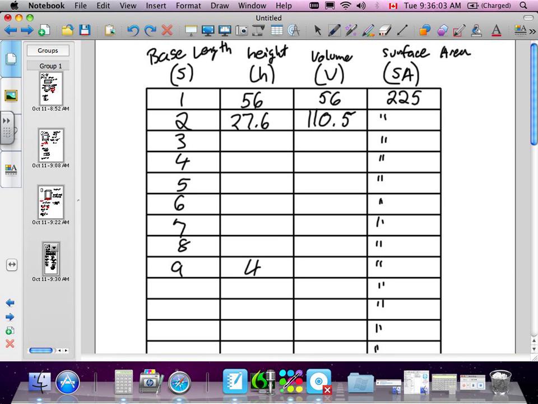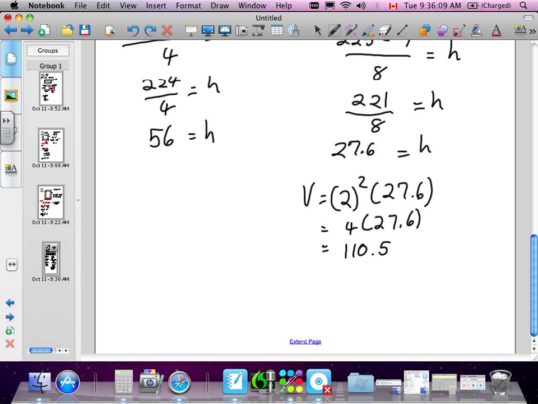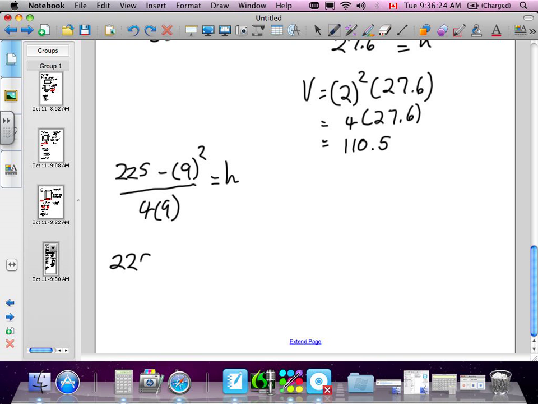Okay? So if the base, I'll quickly show you what that means. That same surface area question, 225, minus if our side length was 9 squared divided by 4 times 9 is equal to the height. 225 subtract 81 divided by 36 gives us our height.